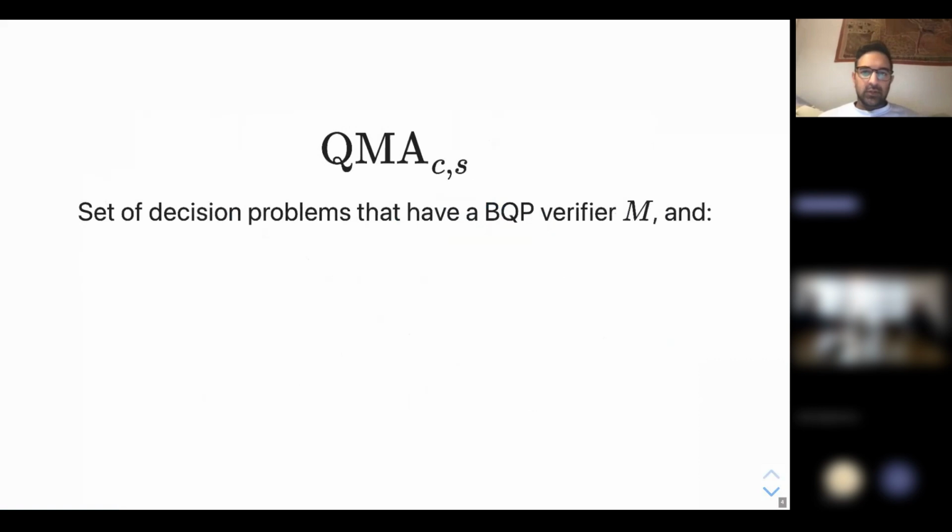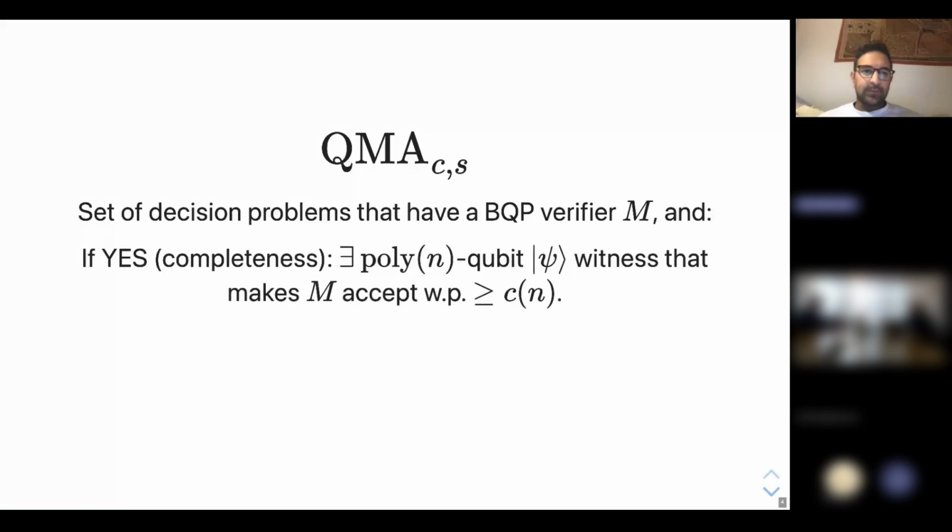Okay, so I'll define it a little more carefully. In QMA, there are some completeness and soundness parameters, C and S. These are decision problems that have some verifier, and the verifier runs in BQP. If the answer to the problem is yes, then there's some witness psi that makes M accept with probability at least C. And the witness, of course, can only be a polynomial number of qubits.